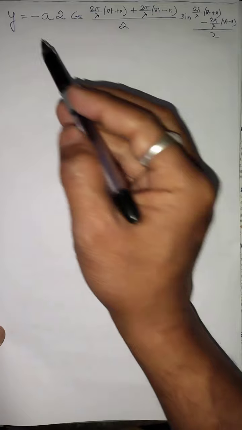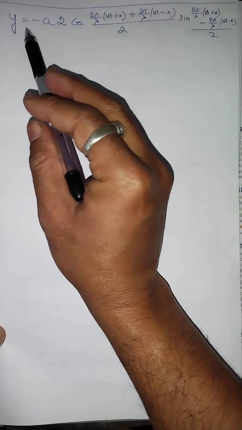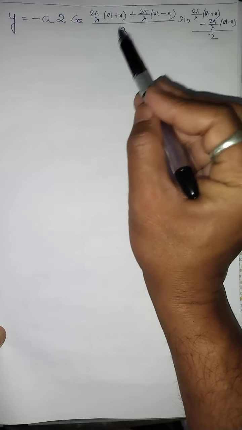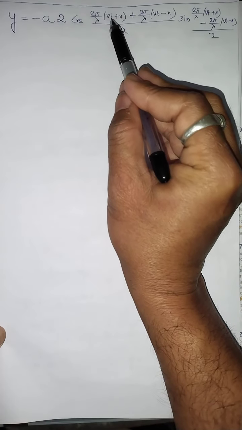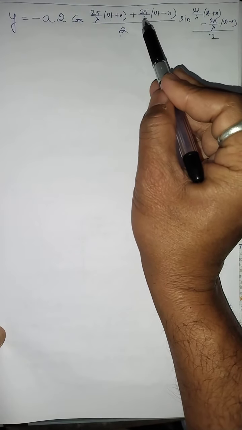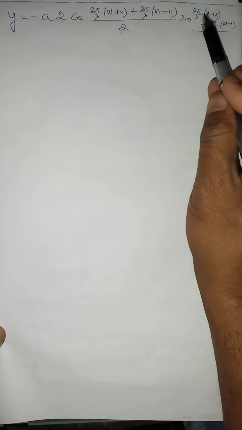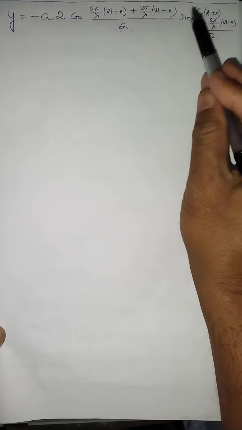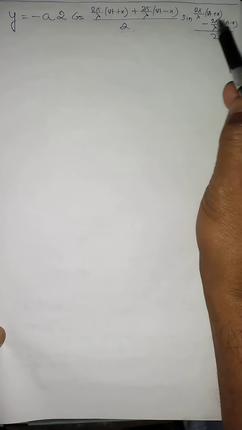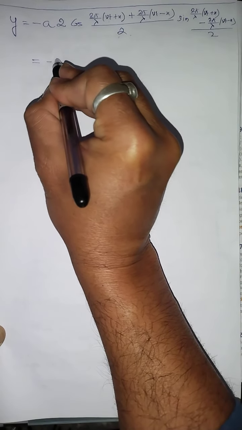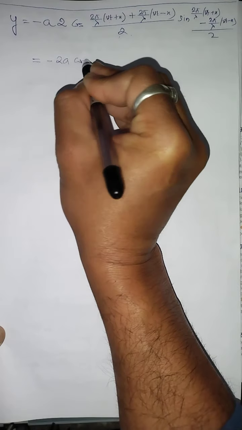Now after using the formula, we can write the expression as y equals minus a, which is already there, times 2 cos (A plus B)/2. So cos of 2 pi by lambda (vt plus x) plus (vt minus x), divided by 2. Similarly sin (A minus B)/2: A minus B means 2 pi by lambda (vt plus x) minus (vt minus x), divided by 2. Now we can further simplify this expression and write minus 2a cos.